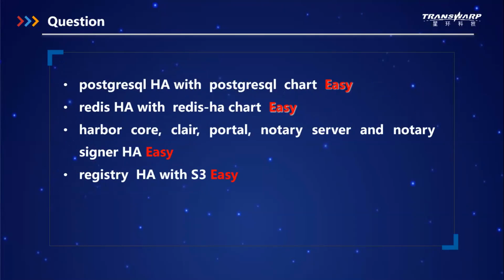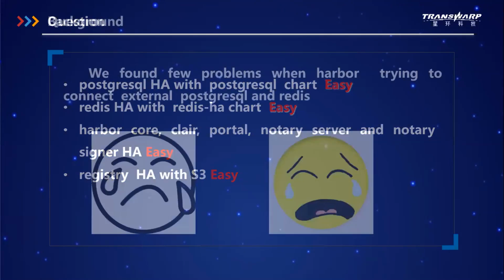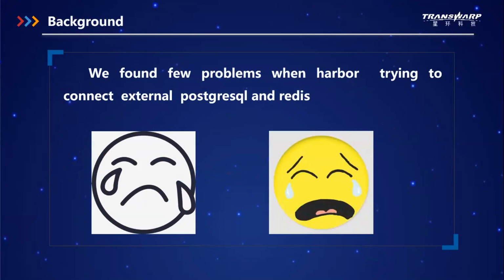Harbor Core, Clair, Portal and so on are very easy because they are stateless and you can set the replica count. Then the registry HA with S3 is also very easy.